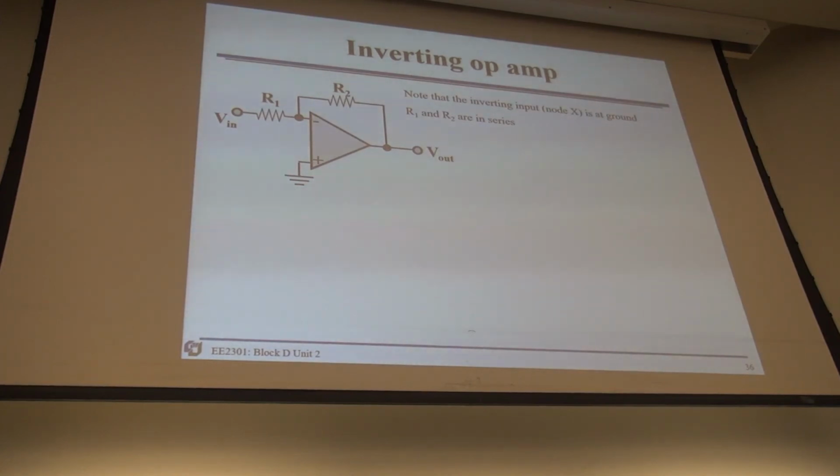I said that the difference between here and here has to be really small, because this V out maximum is the supply voltage, like 15 volts, divided by 10 to the power of 10. So the difference between here is very small. And now I pull this non-inverting terminal to the ground.